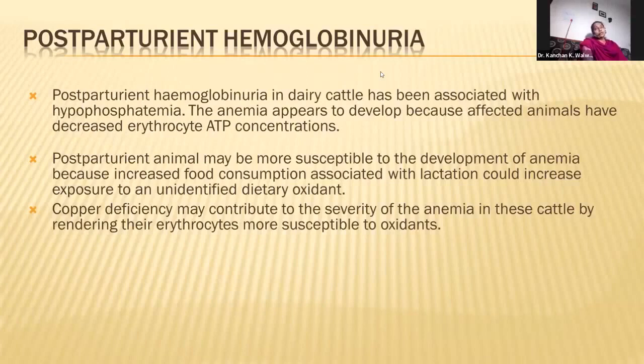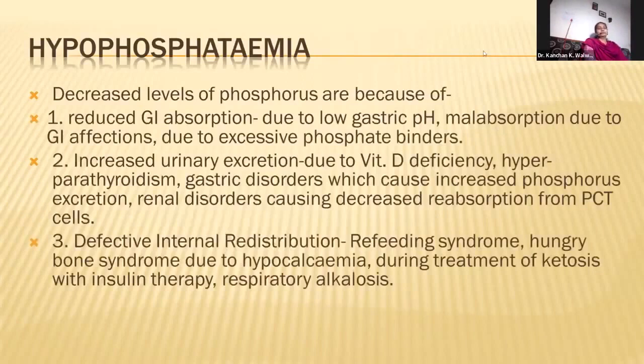So when there is reduced copper in the body, these antioxidants are reduced, and so all the cells including the RBCs are susceptible to the oxidants, and there is lysis and death of the cell.